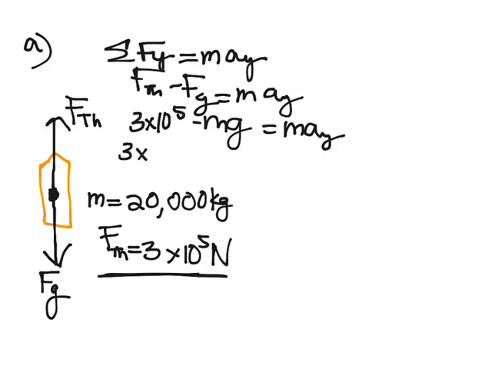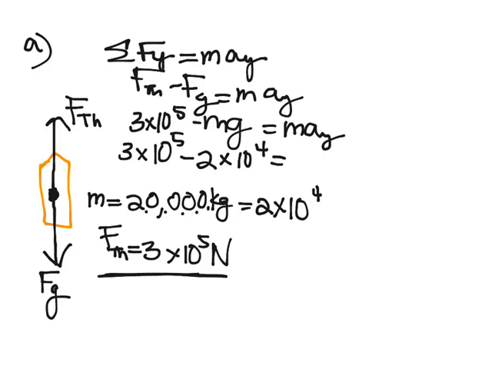I know that 20,000 is 2 times 10 to the 4. If I multiply that times 10, which is g, I get 2 times 10 to the 5. So I have 3 times 10 to the 5 minus 2 times 10 to the 5 is equal to 2 times 10 to the 4 a y.